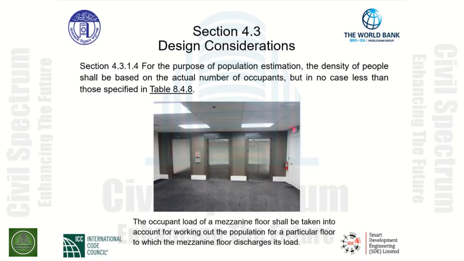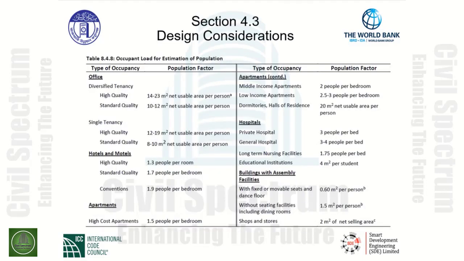As indicated in this section, we are given a reference to Table 8.4.8 as far as the number of occupants related to this particular design consideration. Table 8.4.8, titled Occupant Load for Estimation of Population, is given here.